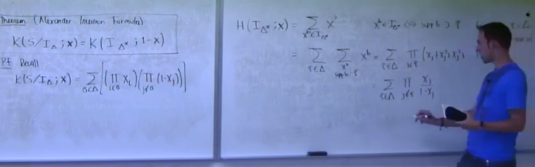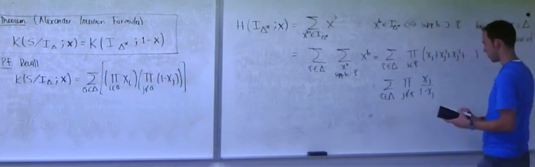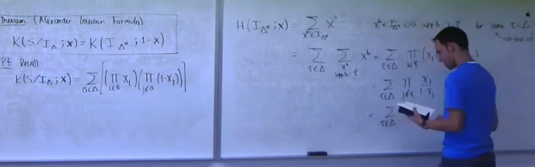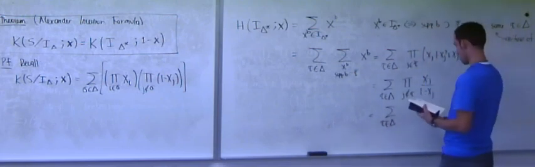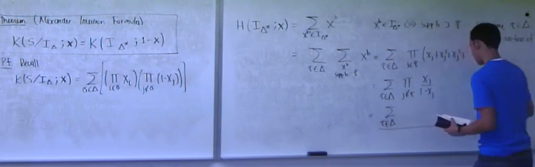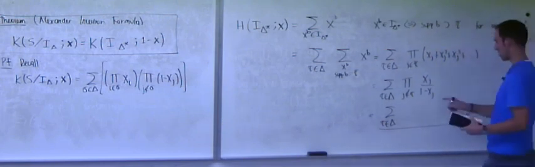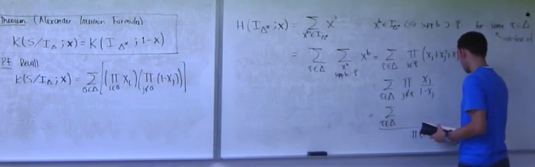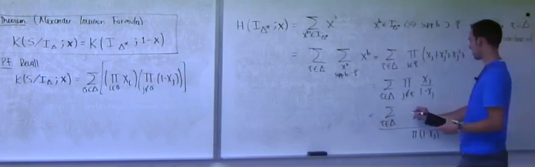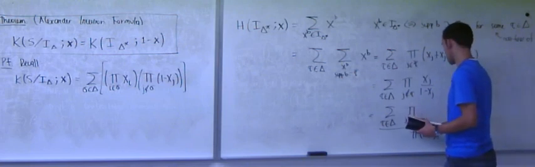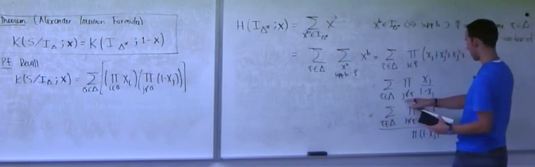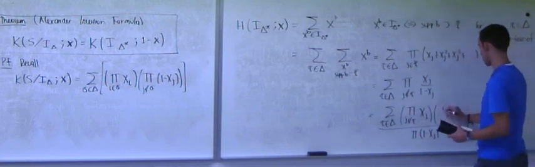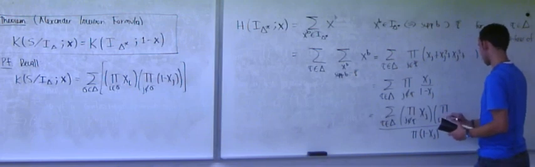Okay. Then I put a common denominator. And so the common denominator is the product of all of the xj's. And what I'm going to get is this times this.